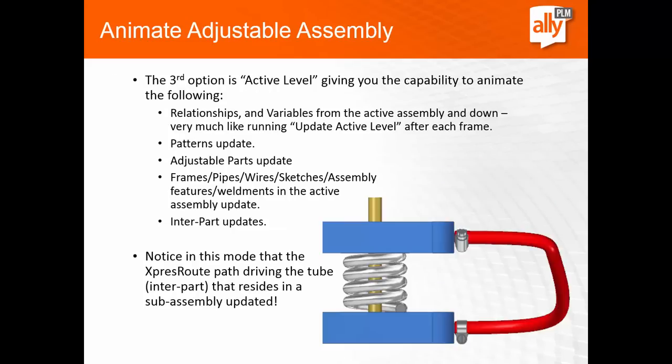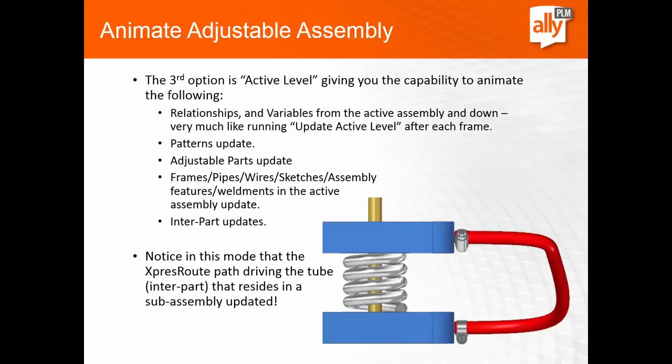Just to go a step further to show you the last option, the active level, this will allow you to update relationships and variables from the active assembly and down into the subassemblies. So it's very much like running the update active level command after each frame of animation. Adjustable parts will update, frames, sketches, assembly features will update as well, and inner part relationships will update.